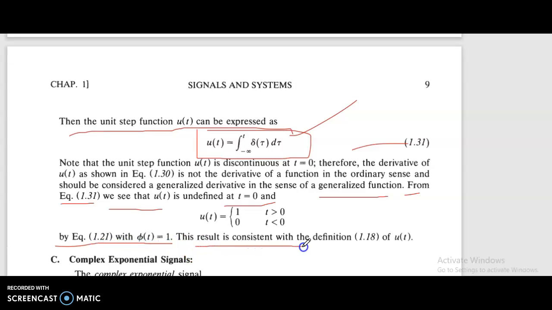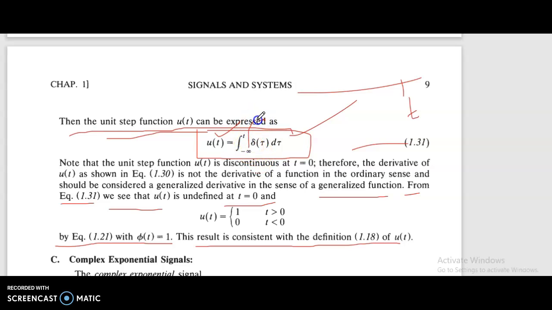This result is consistent with the definition 1.18 of e(t), that is, the unit step function e(t) can be expressed as the integral from minus infinity to t.